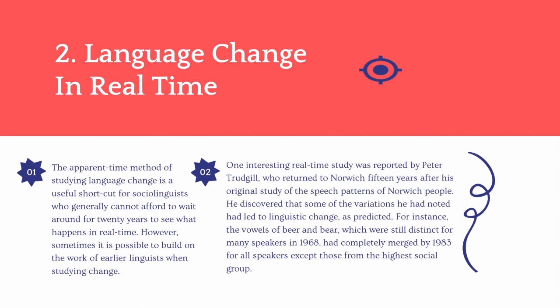For instance, the vowels of beer and bear, which were still distinct for many speakers in 1968, had completely merged by 1983 for all speakers except those from the highest social group. These changes were identified by comparing a sample of people in 1968 and another similar sample 15 years later.